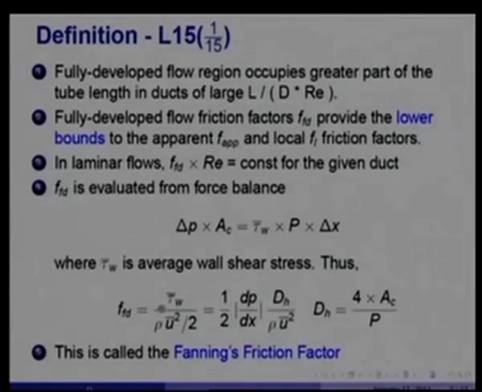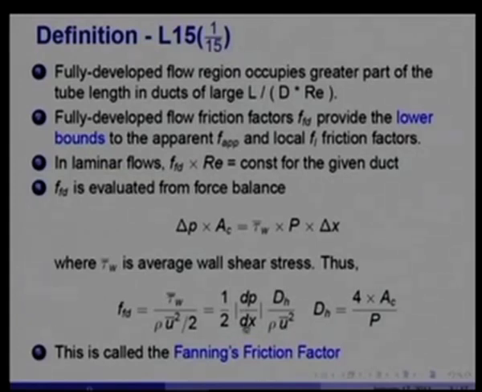Now, you know that the friction factor is the ratio of shear stress divided by kinetic energy, which we in this case define as rho u bar squared by 2, where u bar is the mean axial velocity. And from this relationship, it will be obvious that it would become 1 by 2 modulus of dp/dx times D_h by rho u bar squared.